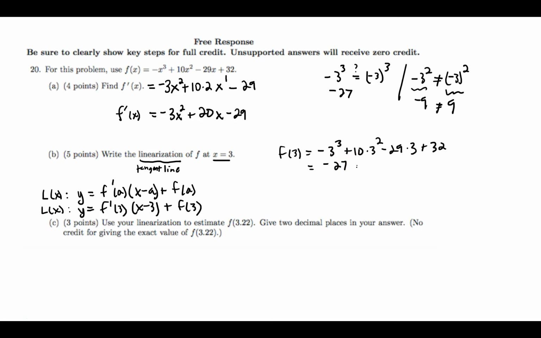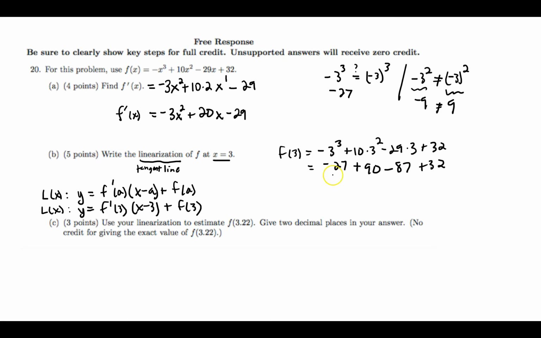and then we have a 90, and then we have 60. No wait, 90 minus 3, 87, minus 87 plus the 32. So what would be the best way to do this?